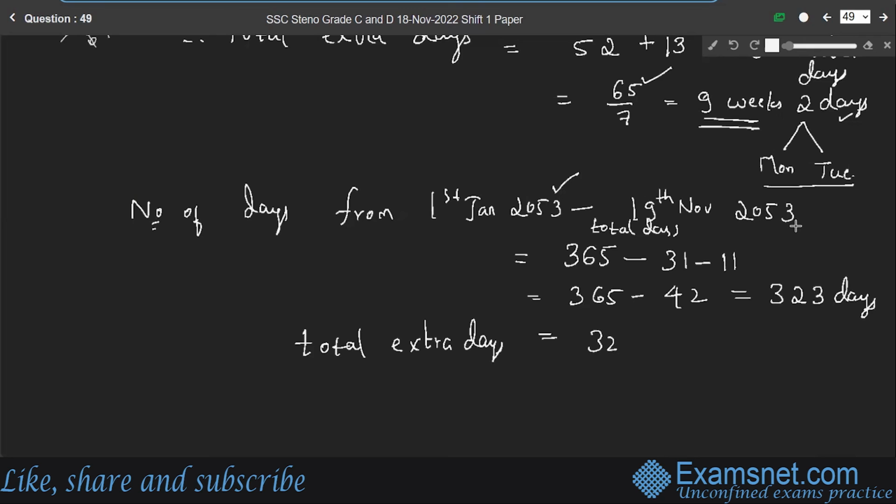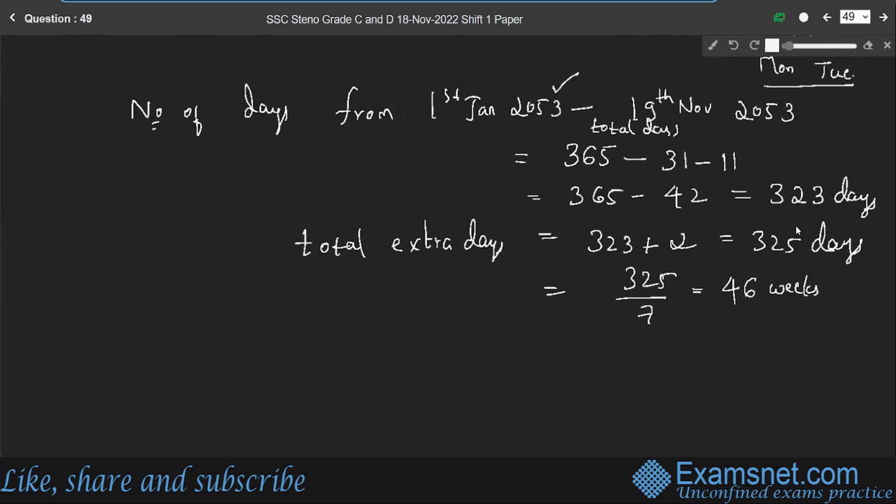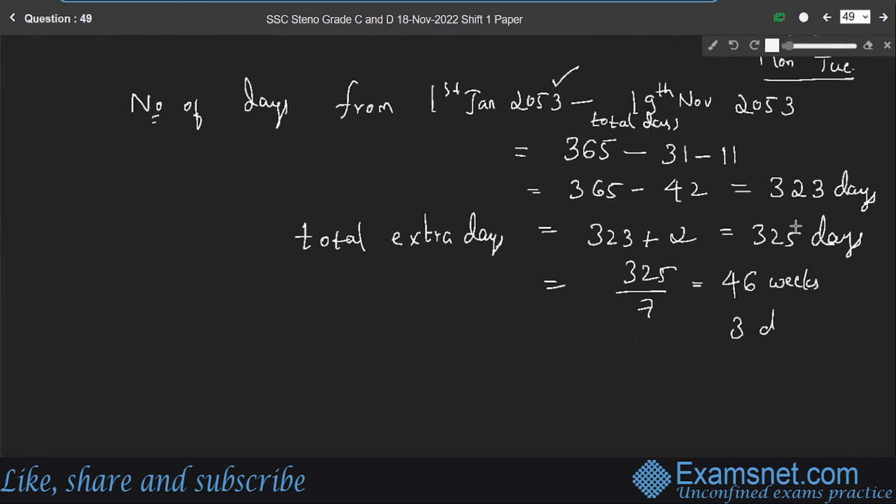So 323 plus 2 extra days gives 325 days. These 325 days make 325 by 7 weeks. 7 into 4 is 28, 7 into 6 is 42. So 46 weeks and 3 extra days. 46 weeks and 3 days make 325 days.